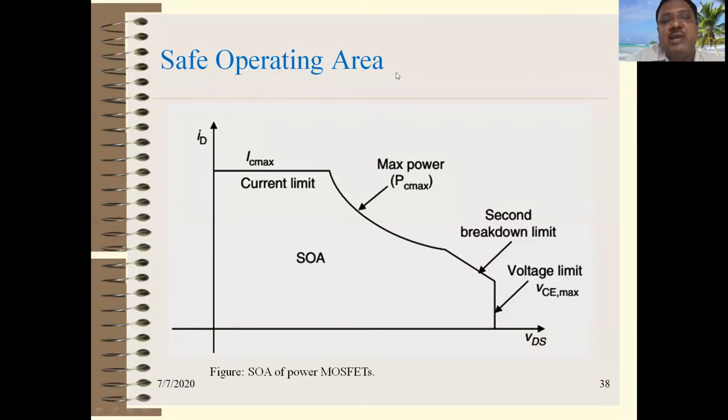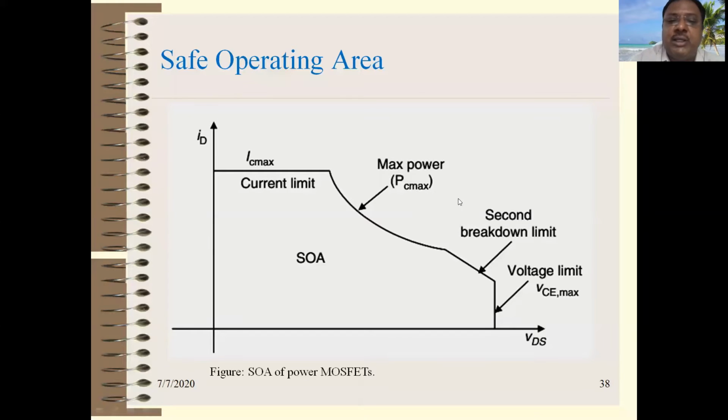So the last one is the safe operating area. Every device, maybe a transistor, a diode, or any device, has higher operating values like voltage or current, right? So you cannot exceed those values, otherwise your device may get damaged.